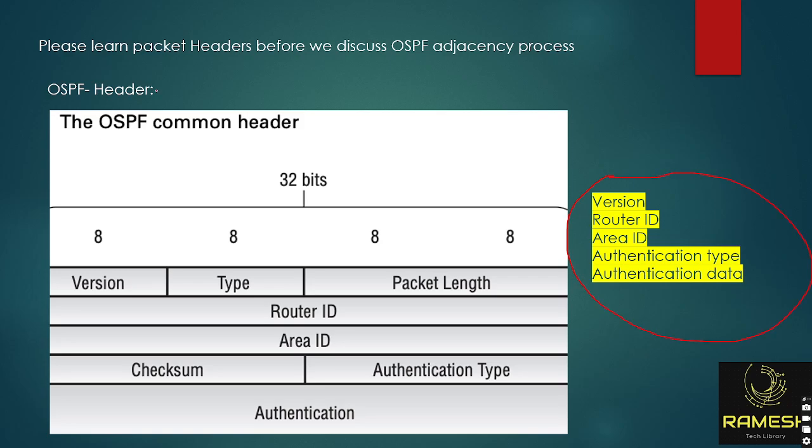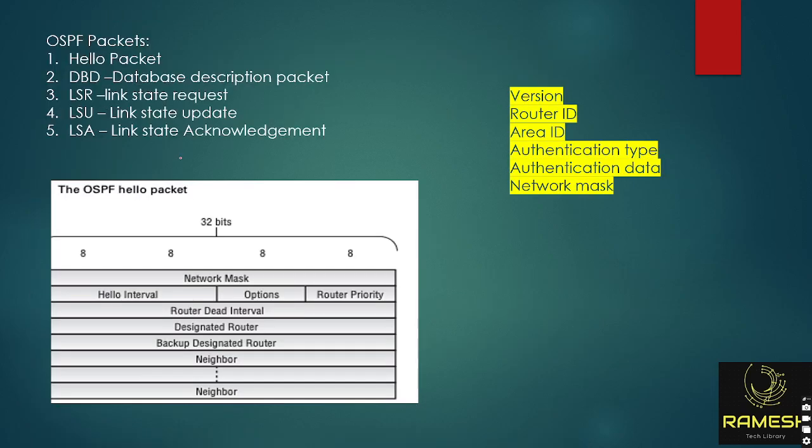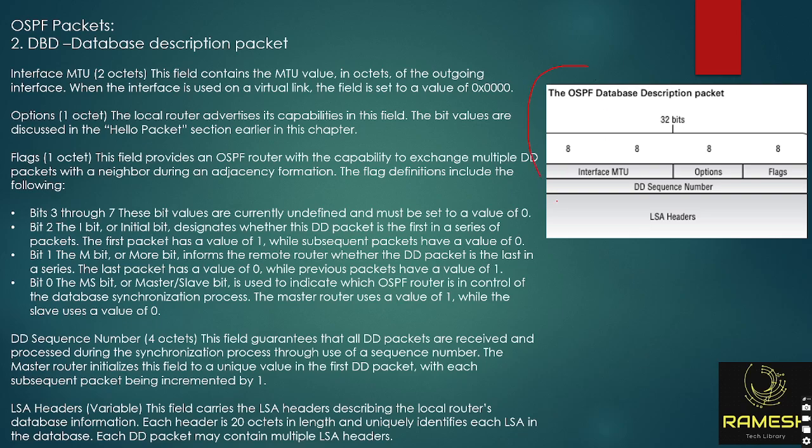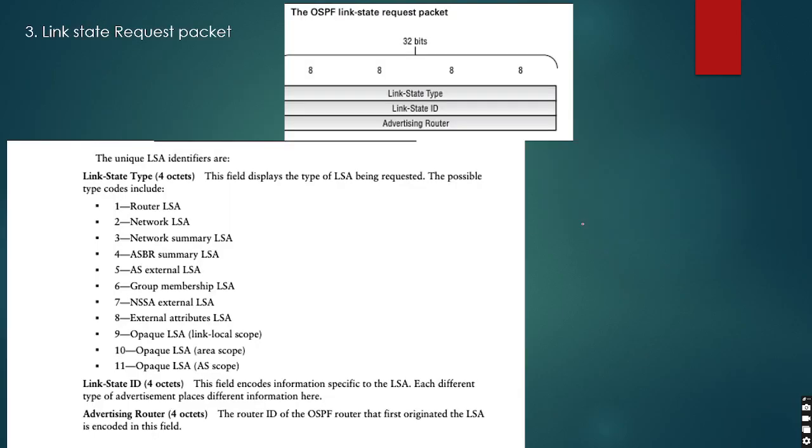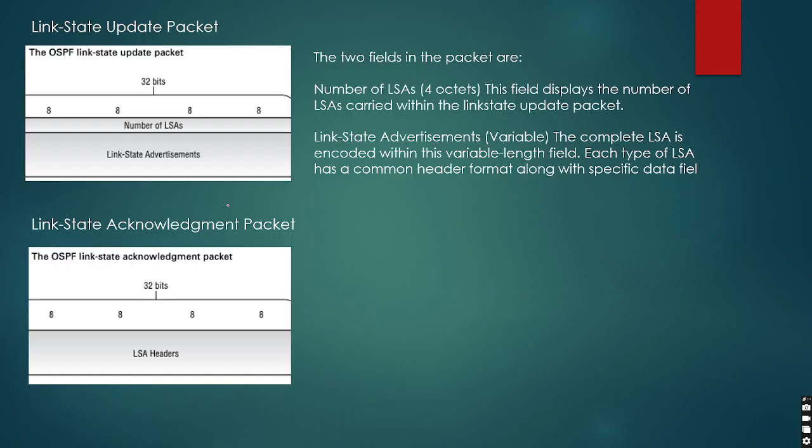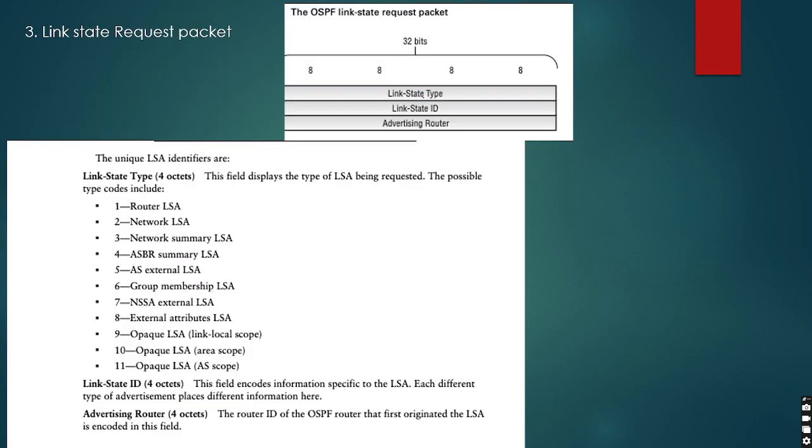So you need to prepare the OSPF header and hello packet. This is the hello packet, and then the DBD packet. I have explained these clearly. If you don't have time, don't read it, just learn these diagrams by heart and the fields inside them. Today we learned the link state database: link state request, link state ID, advertising router.